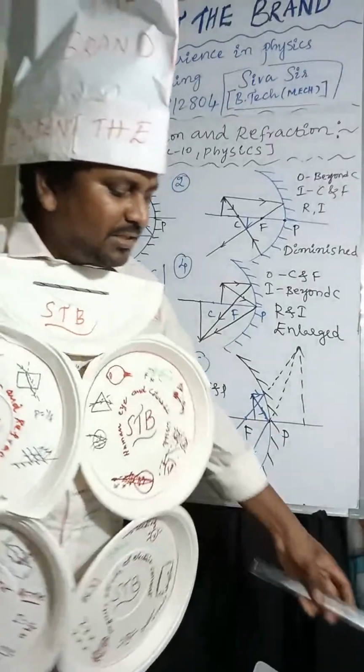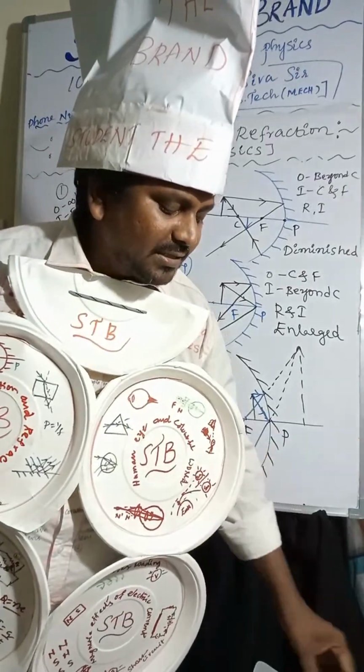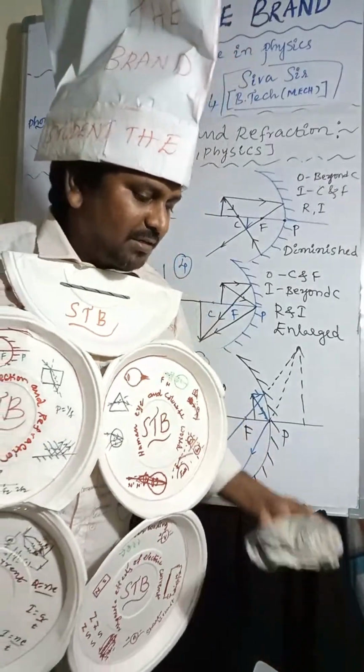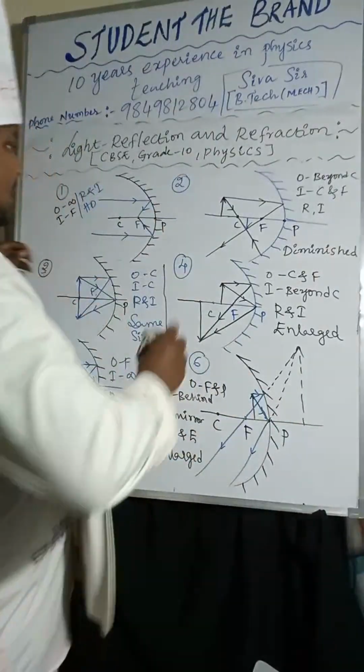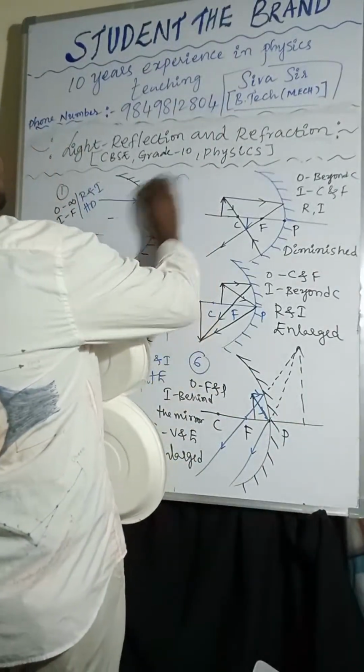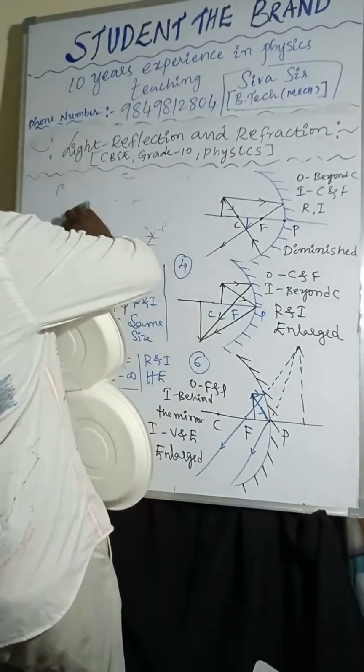Next, image formation by convex mirror, we will discuss. In a convex mirror only two cases are there. I will explain now.